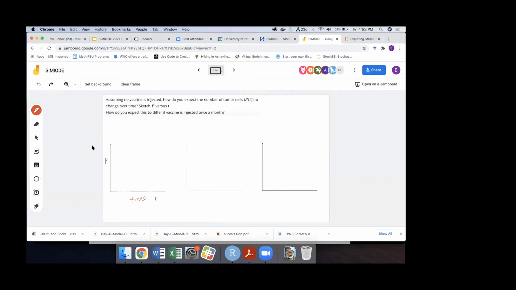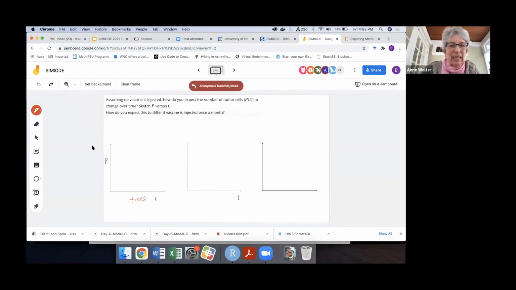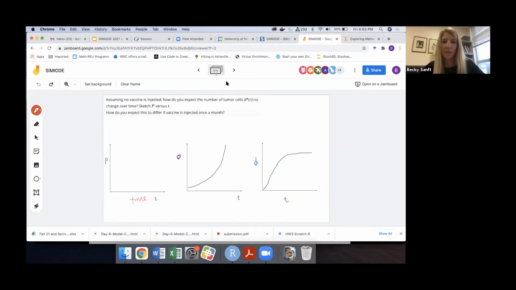Oh, good. That's great. We've got axes labeled. I love it. That's the beginning. And there is another page too, if anyone would like to do another one. So we're seeing the tumor cells, and we've got two models for growth here.